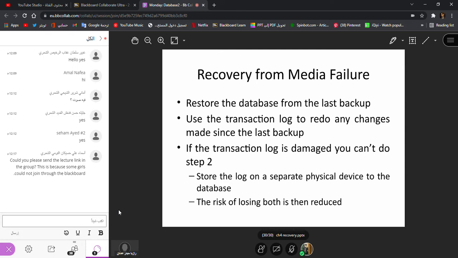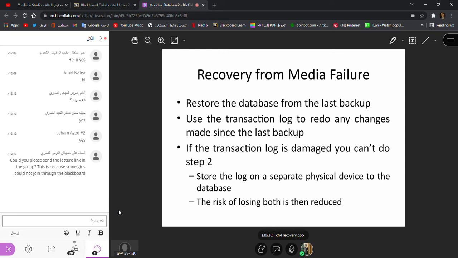So now you need the backups, and backups are on other storage media. So we will use the logs stored on those backups, and we will use them in order to apply the changes that were done before the media failure.